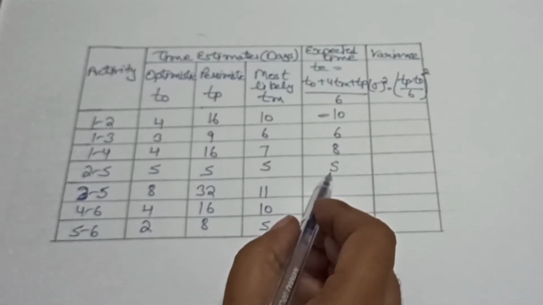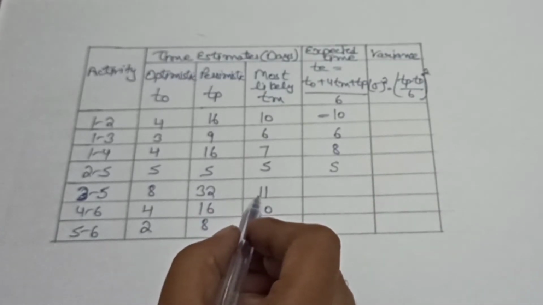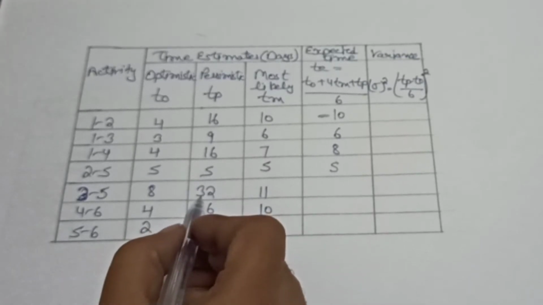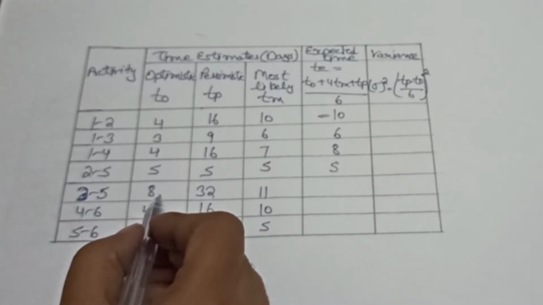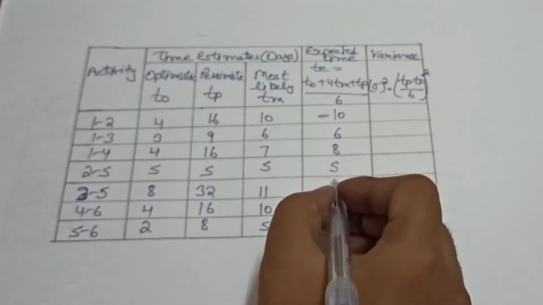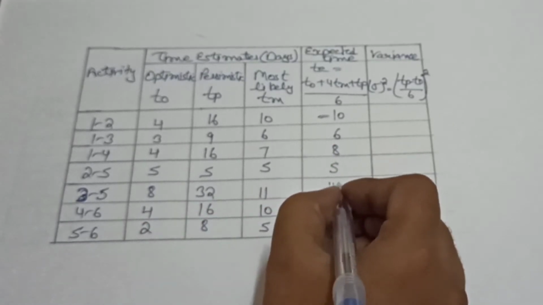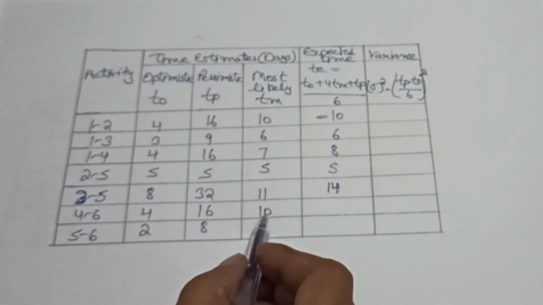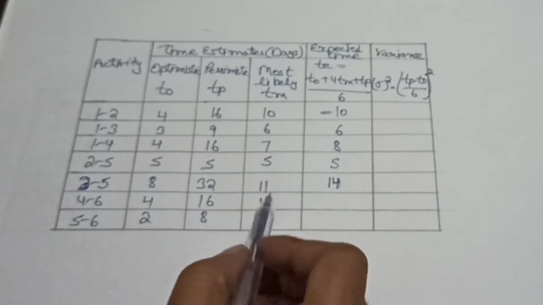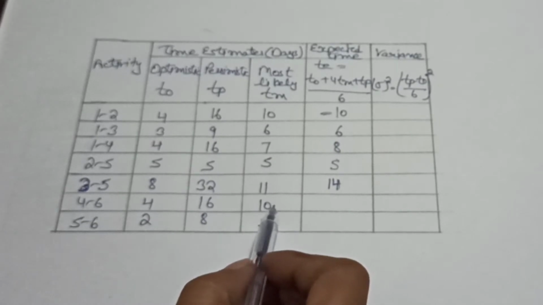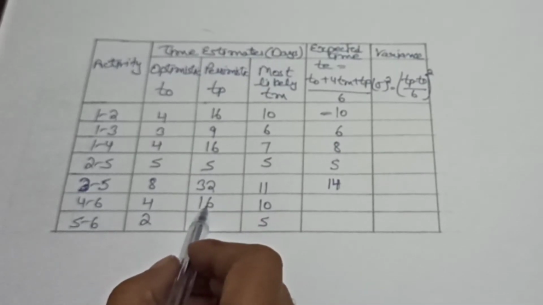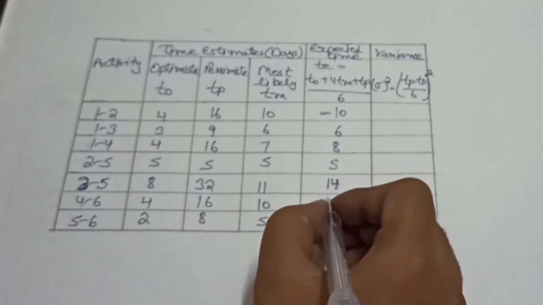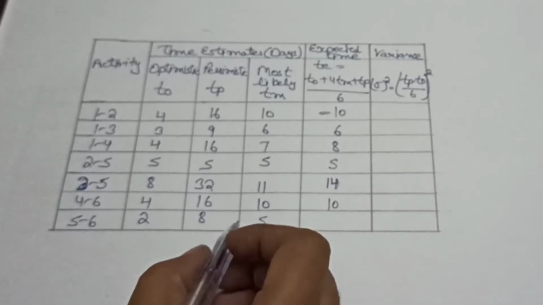So we will write here 5. For this column, 11 into 4 is equal to 44, plus 32 plus 8 is equal to 84, divided by 6 is equal to 14. For this column, 10 into 4 is equal to 40, plus 16 plus 4 is equal to 60. 60 divided by 6 is equal to 10.